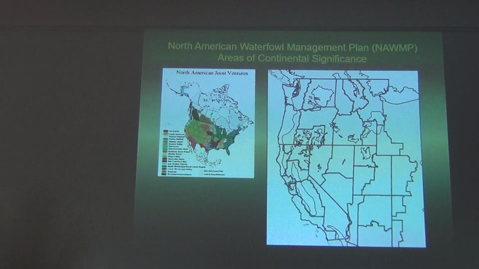That 1986 North American Waterfowl Management Plan established these habitat joint ventures. We sit in what's now called the Pacific Birds Habitat Joint Venture. It used to be the Pacific Coast Joint Venture.